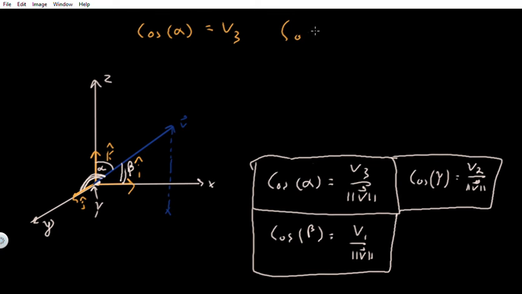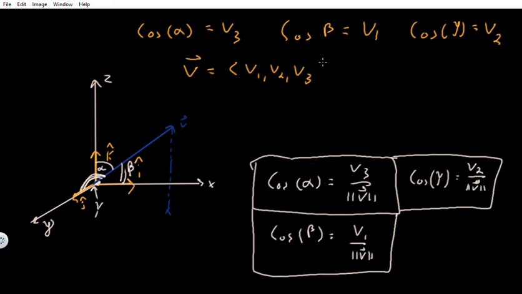Similarly, cosine of beta would just be v1, and cosine of gamma would just be v2. So therefore, if I was to write vector v, which is given by just v1, v2, v3, I see that v1 must be just cosine of beta. So its components are its direct, we call these the direction cosines. Cosine of gamma, and then its z component would be cosine of alpha.